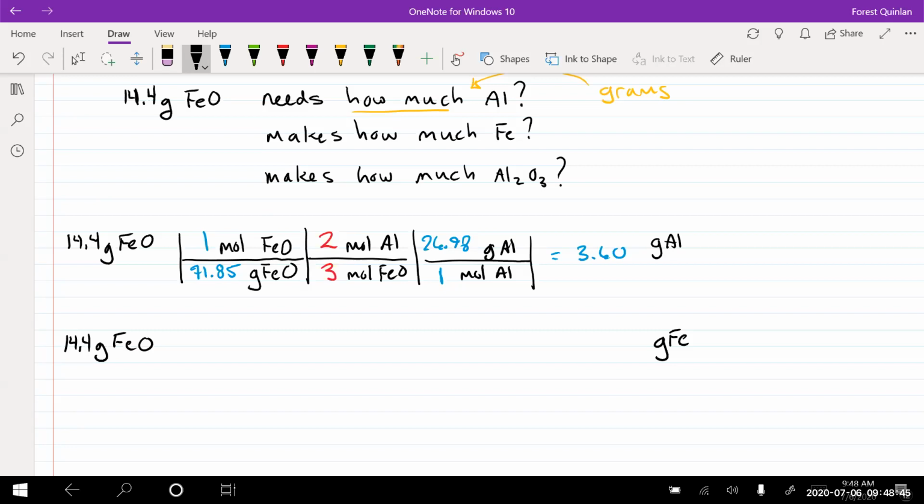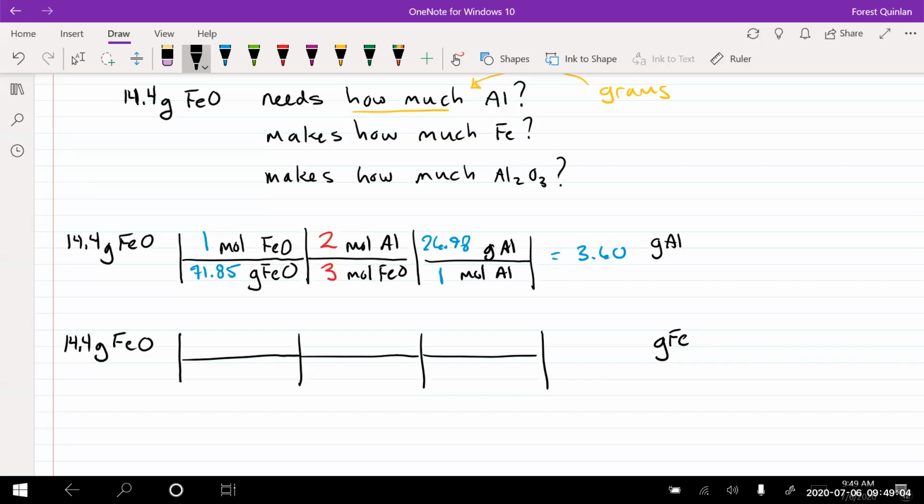So I give you a mass, I want a mass: mass to mole, mole to mole, mole to mass. Once again, just playing with the units.